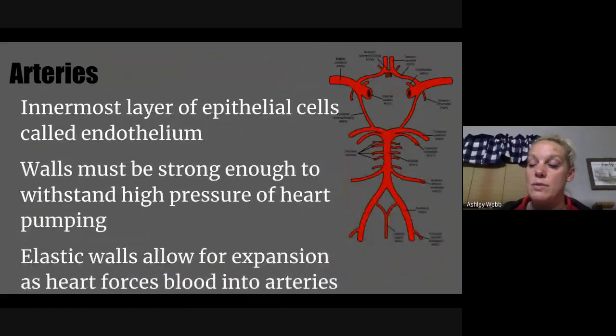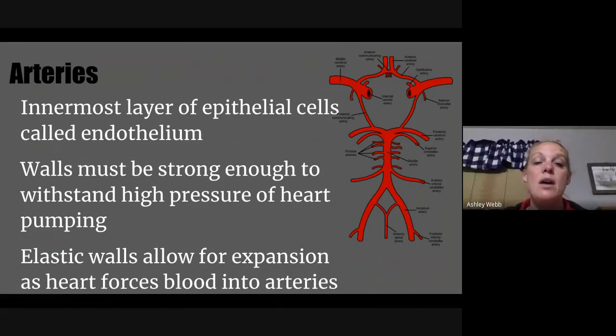With the arteries, the innermost layer of the walls is what we call endothelium. Arteries are very strong. The walls have to be very strong because there's a lot of pressure.